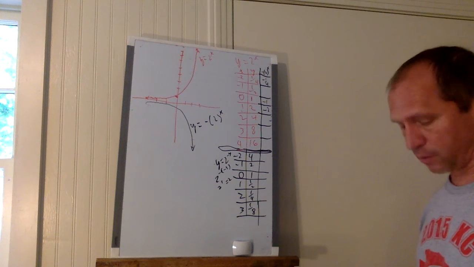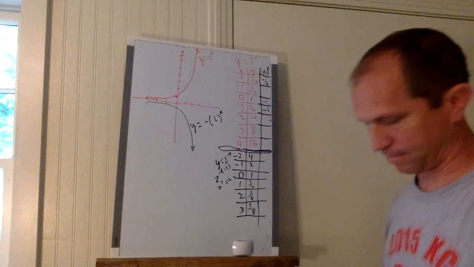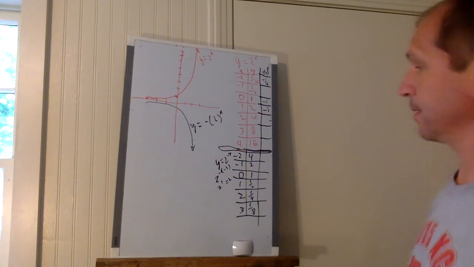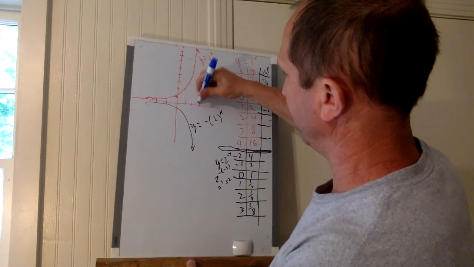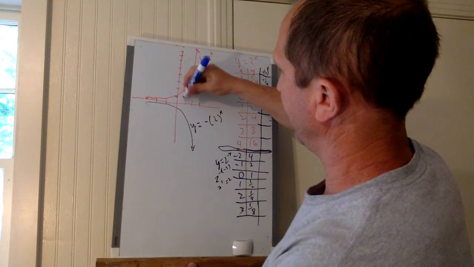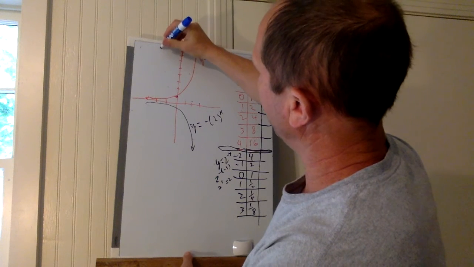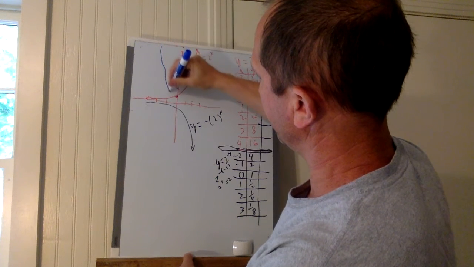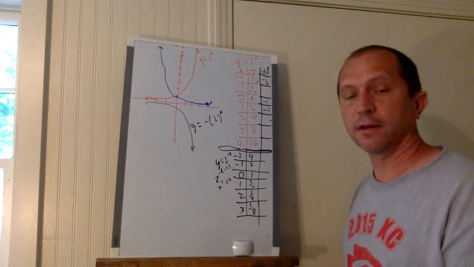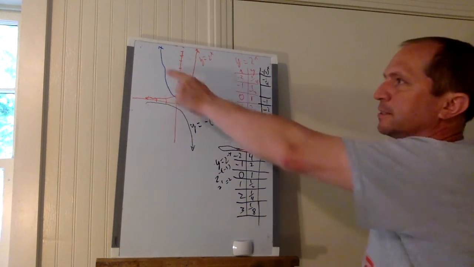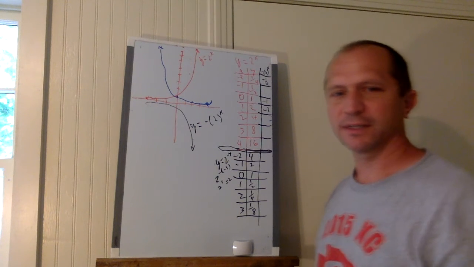So what happens with this graph is it reflects about the y-axis. So that graph reflects about the y-axis.